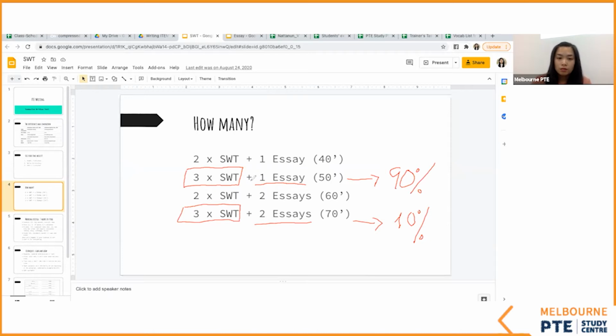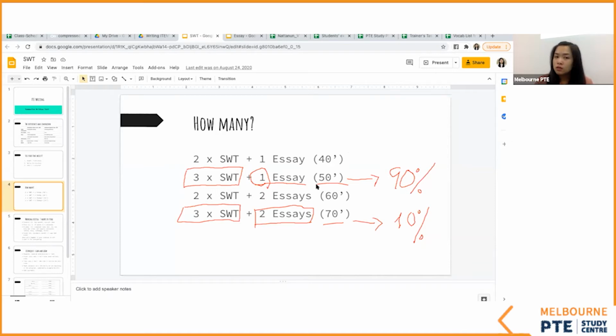So most of the time, 90% you get 1 essay if you have 3 SWT. But sometimes you are unlucky, you might get 2 essays, right? Now, if you can see, this is the total time for your writing, right? So the more essays you have, the more time you need to spend on your writing.